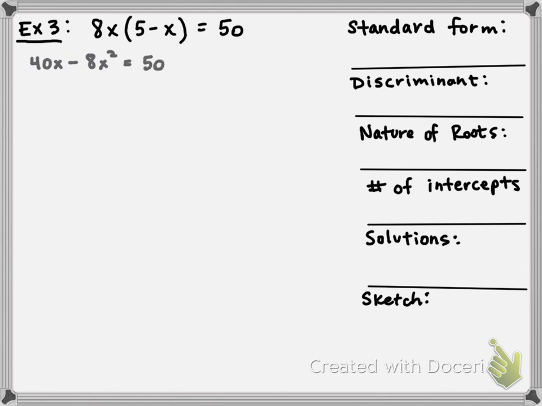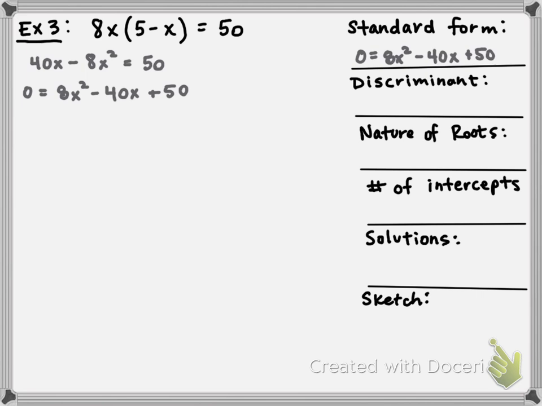From here, to put it in standard form, my goal is to always make a positive. That's a personal preference of mine. So 0 equals 8x squared minus 40x plus 50. Now from here, that's our standard form. So I'm going to write that over in standard form. 0 equals 8x squared minus 40x plus 50.